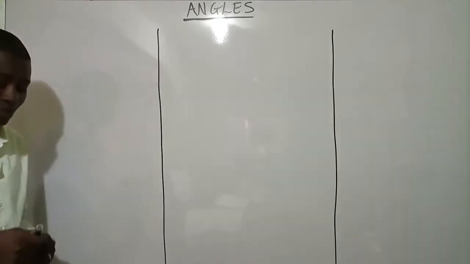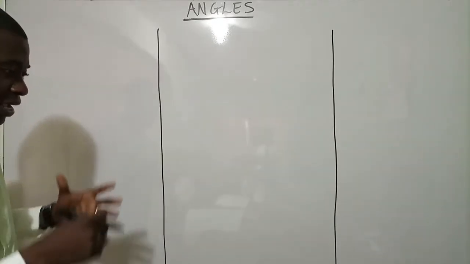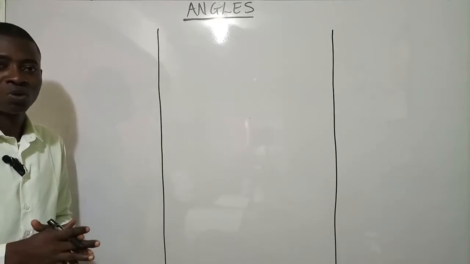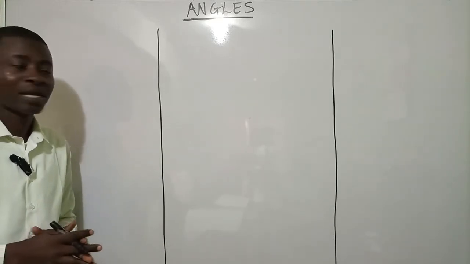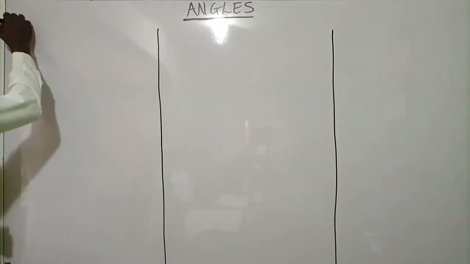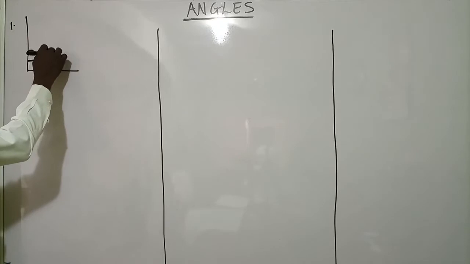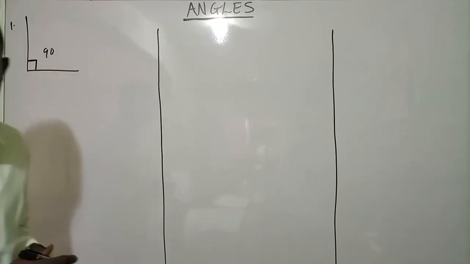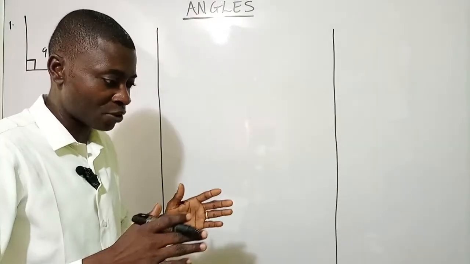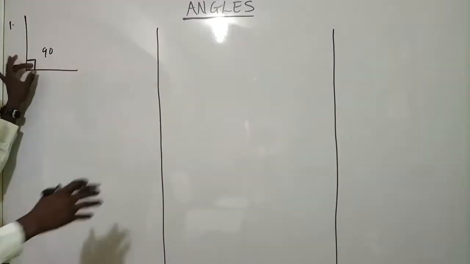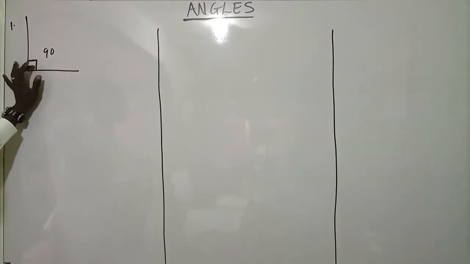One of them is this: a right angle. What's a right angle? A right angle, that is the first one. A right angle is an angle that has one of its angle as 90 degrees, like this.